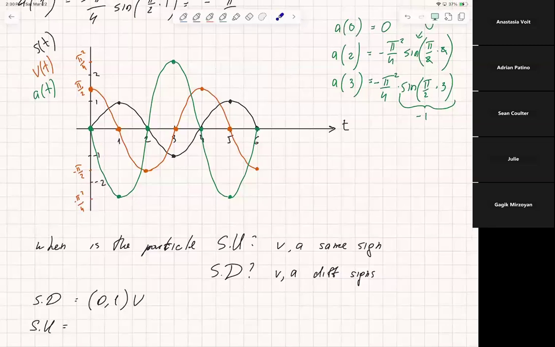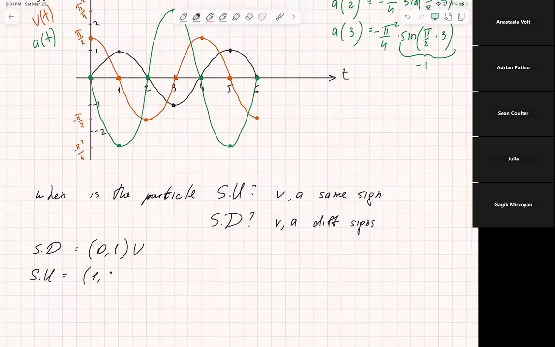Now, from 1 to 2, again, we see that velocity is negative, acceleration is also negative. So this is when we speed up, from 1 to 2. Next one.